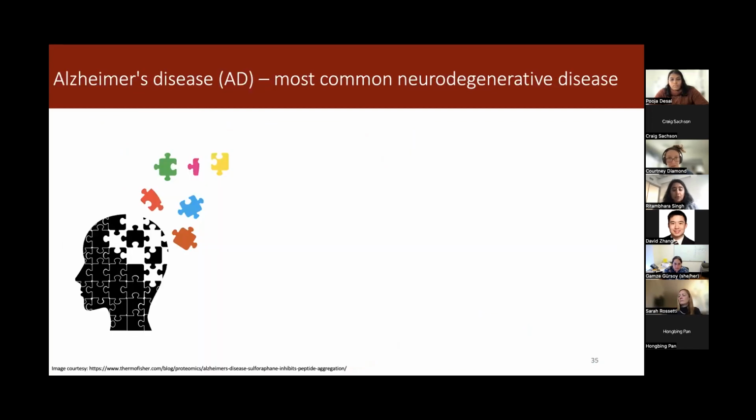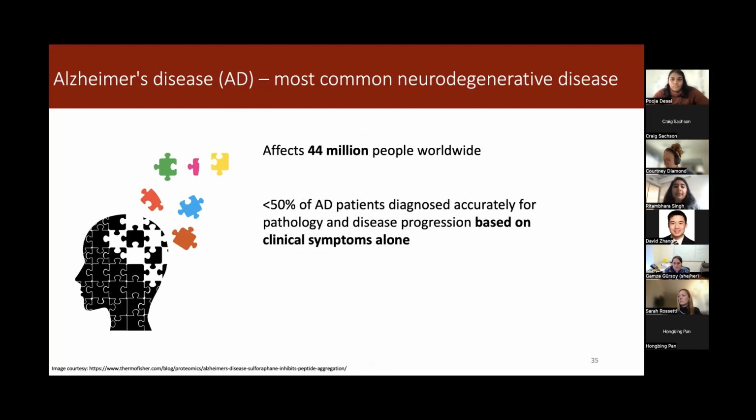So the idea here is that Alzheimer's disease is one of the most common degenerative diseases. It affects millions of people worldwide. And the tricky part is its diagnosis, because what studies have found is that very few Alzheimer's disease patients get diagnosed accurately based solely on the clinical symptoms. Unfortunately, this disease doesn't have a cure.